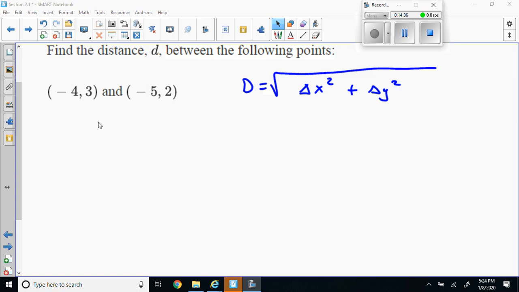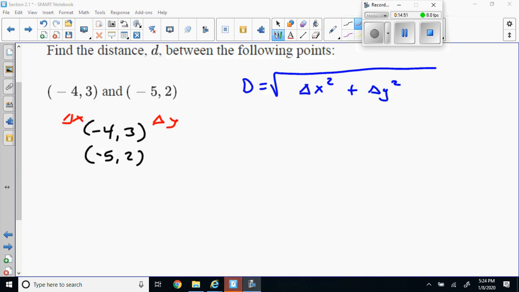All right, so I stacked them so that I'm not messing up my X's and Y's, right? Negative 4 to negative 5 is one change in the downward or decreasing direction, right? That's why it's a negative 1. And from 3 to 2 is a decrease of 1 as well.